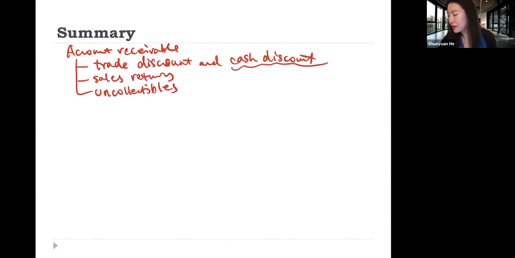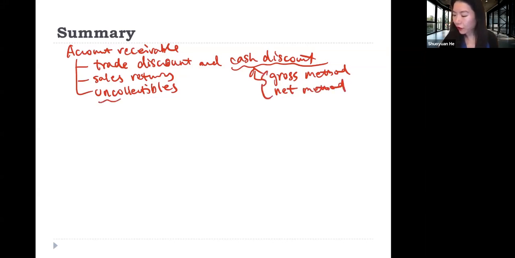For cash discount, we talked about there are two methods, the gross method and the net method. And for uncollectibles, the journal entry is to debit bad debt expense, credit allowance for uncollectible account. And how to determine the amount for bad debt expense?